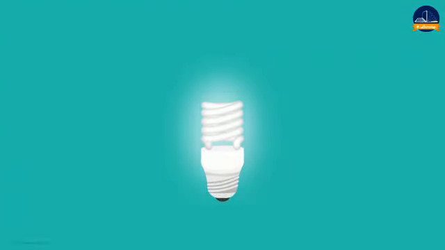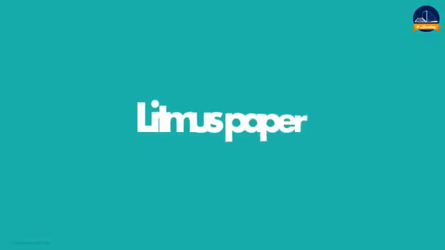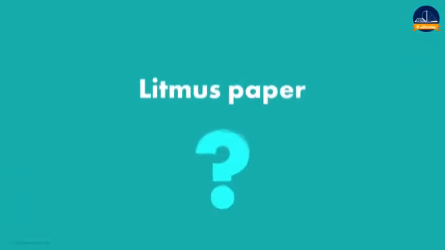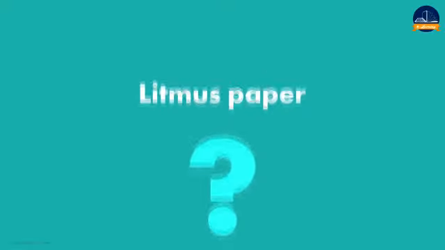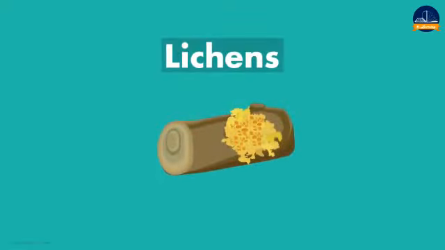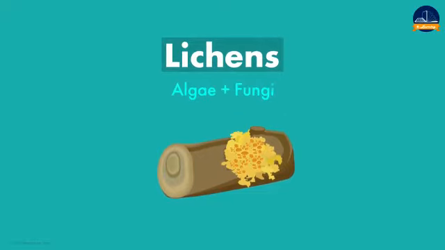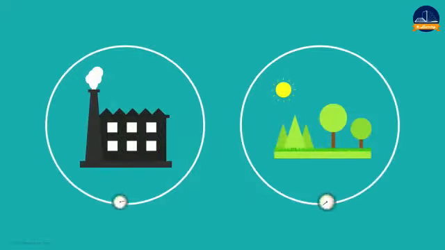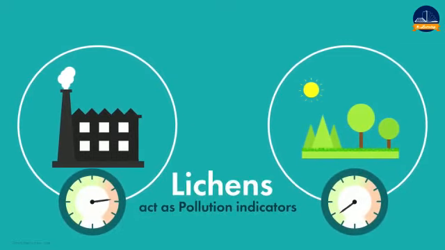Now let's learn about another indicator, litmus paper. What is litmus paper? Have you come across the term lichens? The symbiotic relation of algae and fungi gives us a unit called lichens. The major function of lichens in an ecosystem is that they act as a pollution indicator.